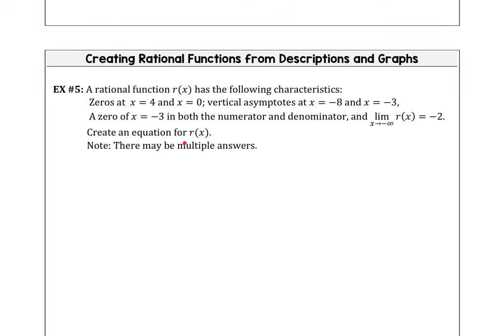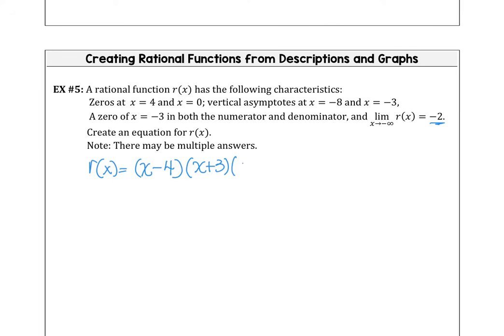We want to create an equation and call it r of x. There could be more than one right answer. So my r of x, using what they told us, we've got a 0 at 4, so in the numerator I need x minus 4. We've got a 0 at 0, and we've got a 0 at -3, x plus 3, and we need a limit that goes to -2.